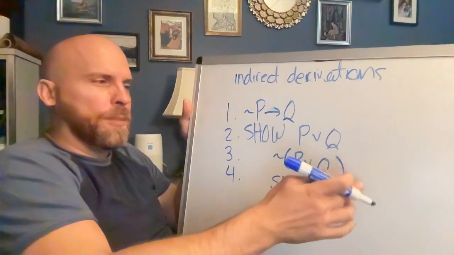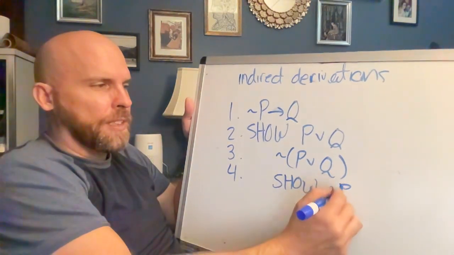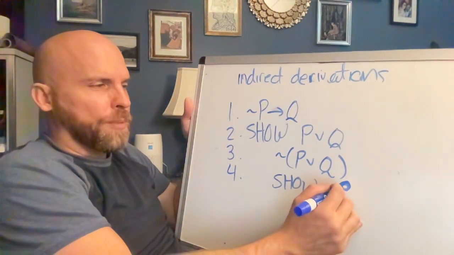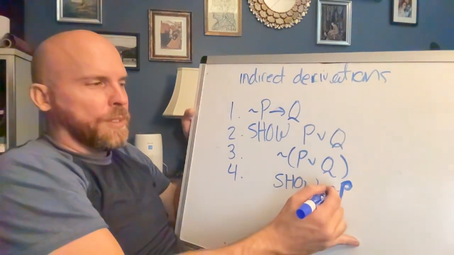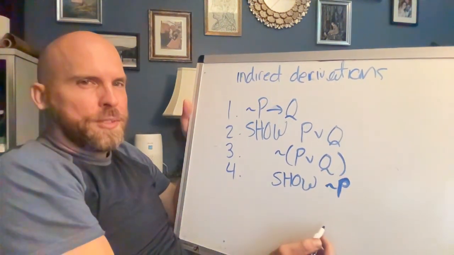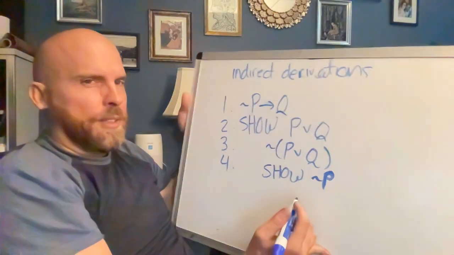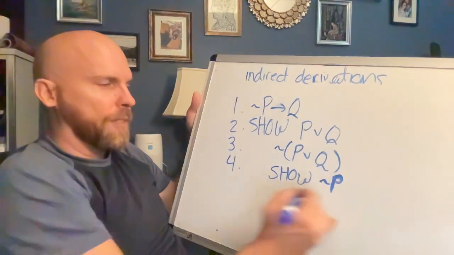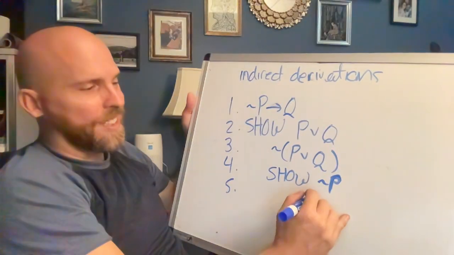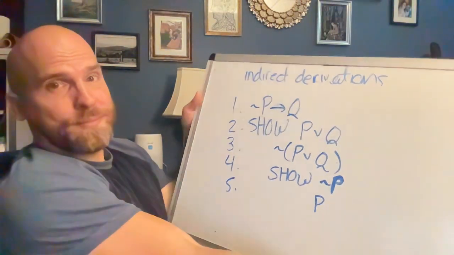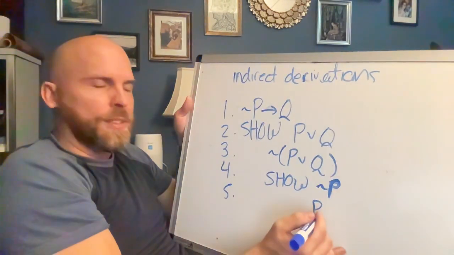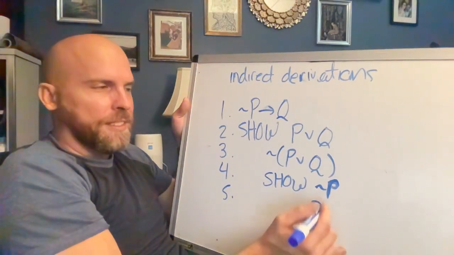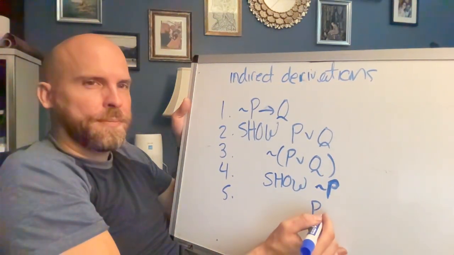I'm trying to assume something's false, but effectively I want to prove P is true based on these premises, through an indirect derivation. If I'm doing that indirect derivation, of course the next thing I have to do is put a P down, right? That's my assumption. I want to show this, so I assume this. I want to show not P, so I assume that.